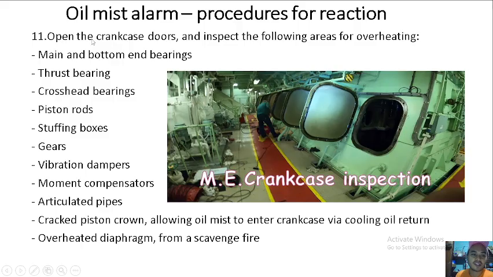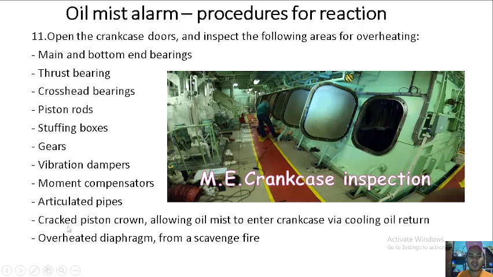And number 11 is open the crankcase doors and inspect the following areas for overheating. Check the main and bottom end bearings, thrust bearing, crosshead bearings, piston rods, stuffing boxes, the gears, the vibration dampers, moment compensators, and the articulated pipes.